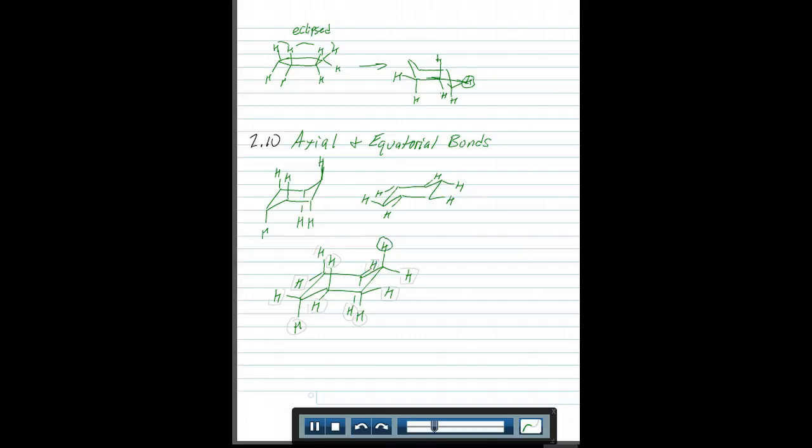You have the axials. Notice you have 3 on top, and you have 3 on the bottom. Then your equatorial ones are all the ones on the sides. You got one there. You should have 6 total. What you might want to do is practice drawing these structures, especially practice drawing the chair conformations as well.